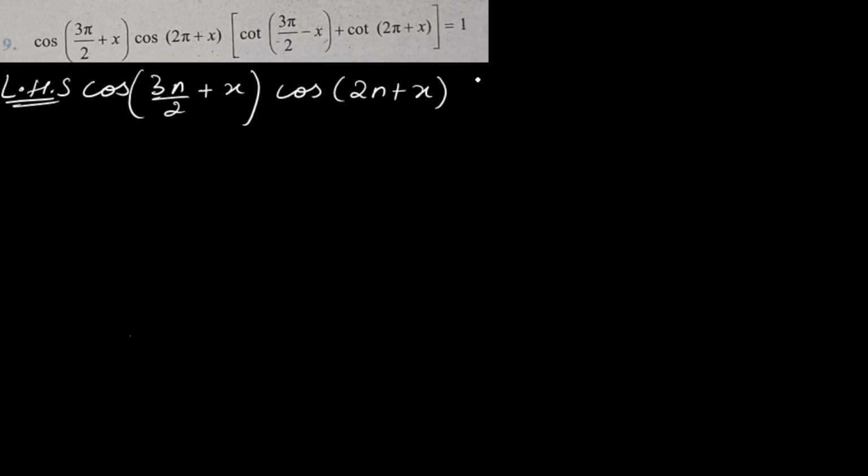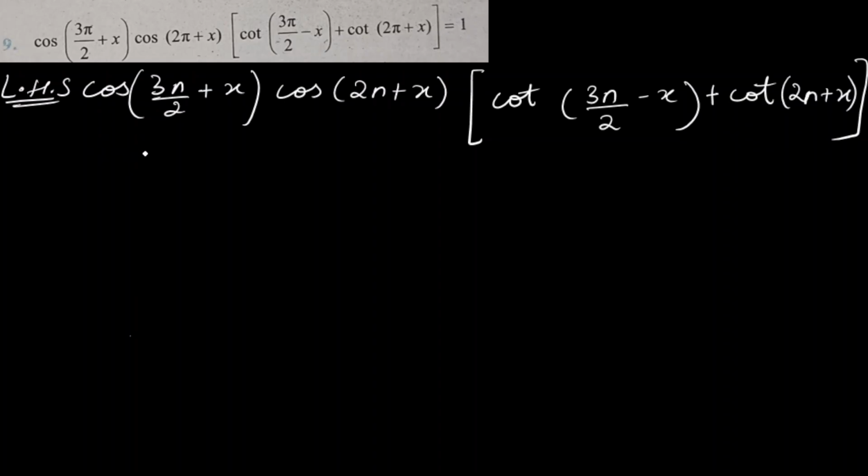So 9th question, again we have to work on left hand side. So I'll just write left hand side. So left hand side of question 9th is cos 3 pi by 2 plus x, cos 2 pi plus x, bracket cot 3 pi by 2 minus x plus cot 2 pi plus x.